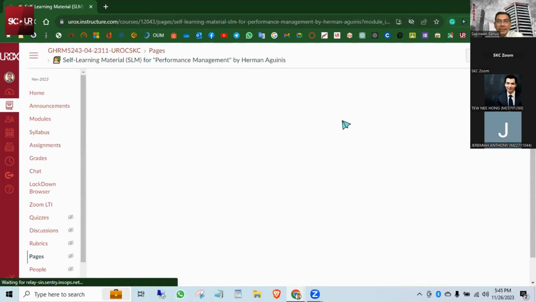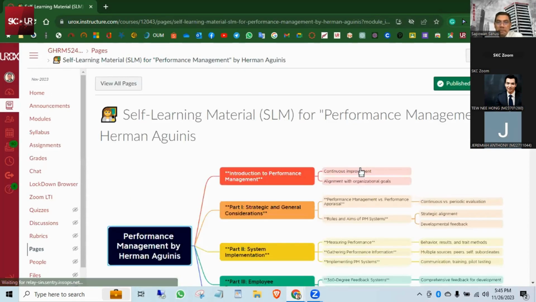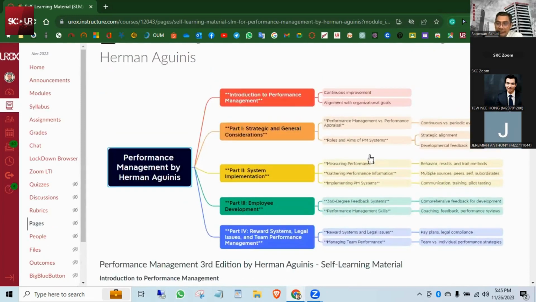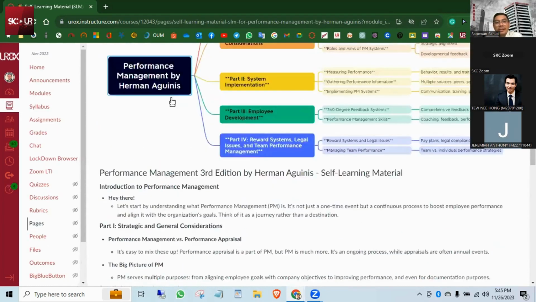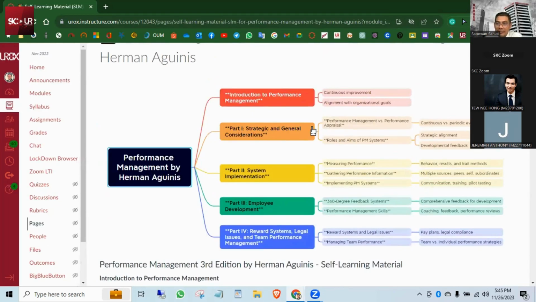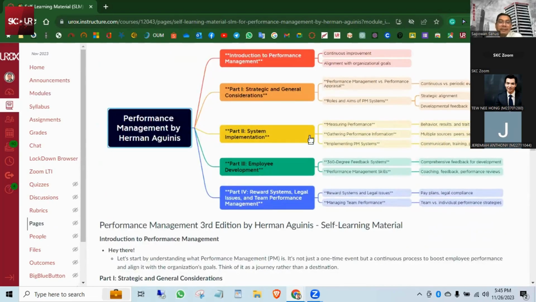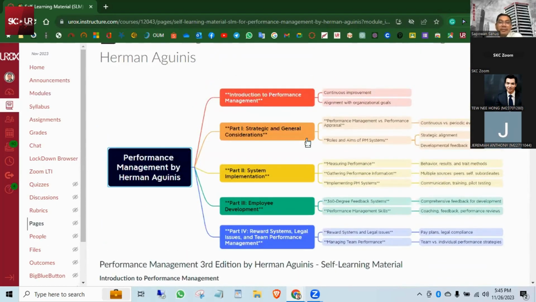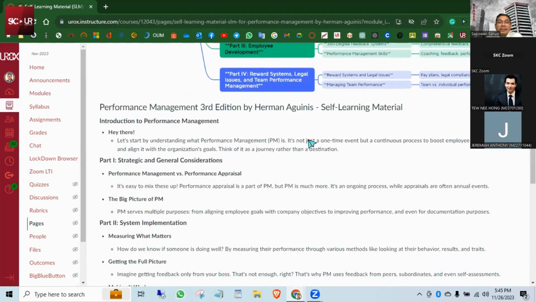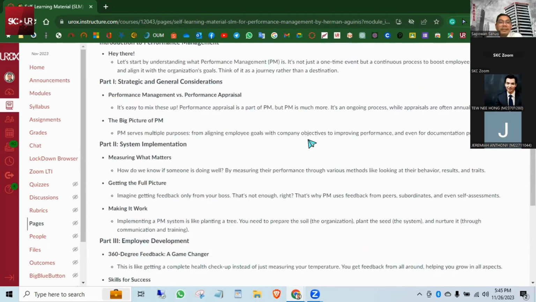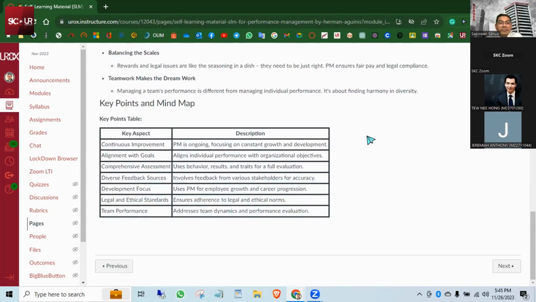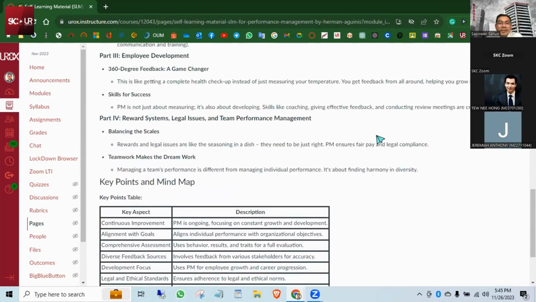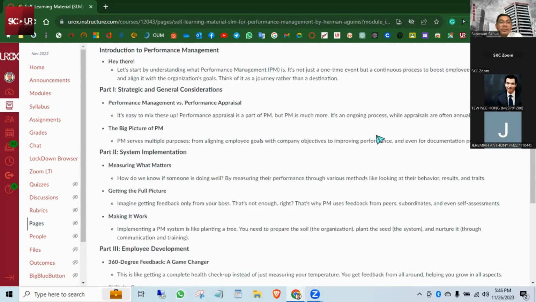Then you will get some summary. Okay, some summary about the books. This is what I get from the AI, helping me to look into it. Okay, summary, and some kind of introduction about the books.